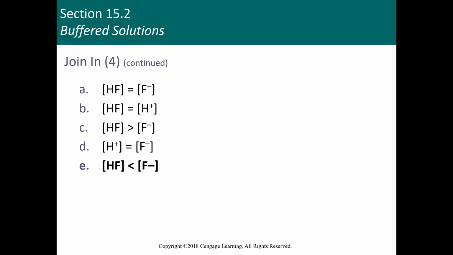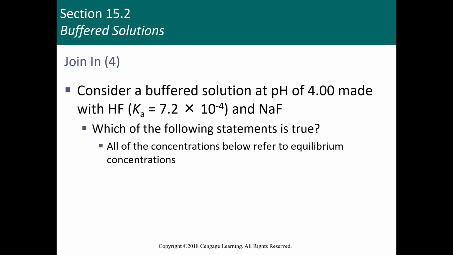How can I figure that out? Well, I can actually use my Henderson-Hasselbalch equation, can't I? So remember, my Henderson-Hasselbalch said the pH, which is 4 here, has to equal the pKa, excuse me, which would have been the negative log of this value, plus the log of these two, the F minus over the HF, right?